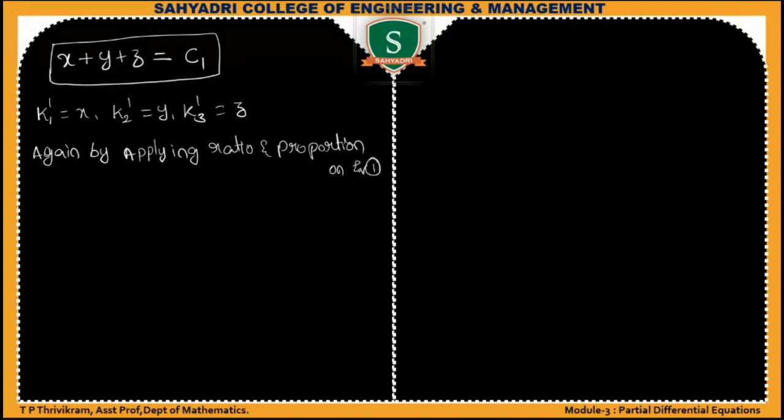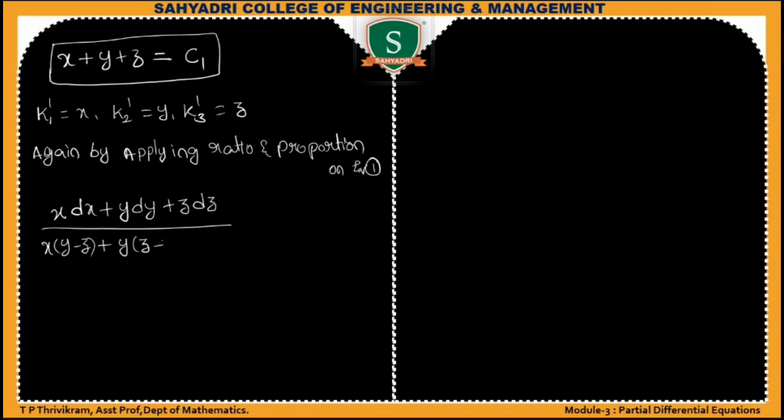What is K1 here? x. So x into dx, plus y into dy, plus z into dz, divided by the same x into (y minus z) plus y into (z minus x) plus z into (x minus y), must be equal to some constant c.